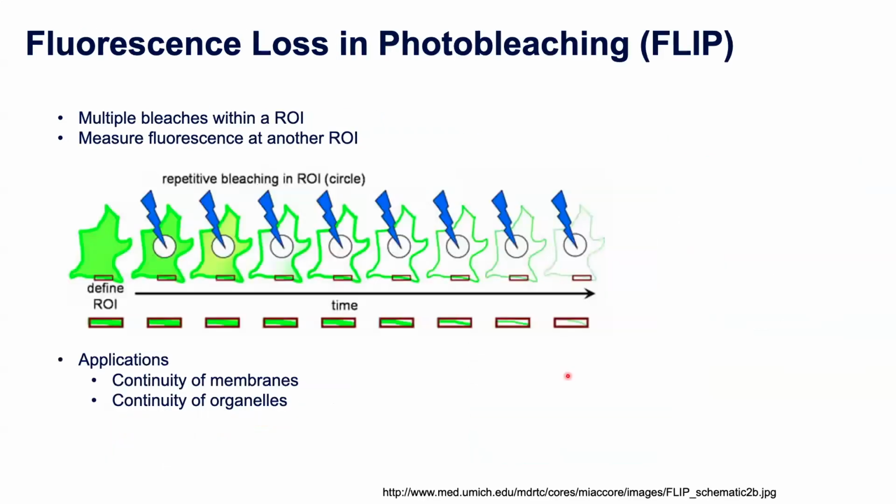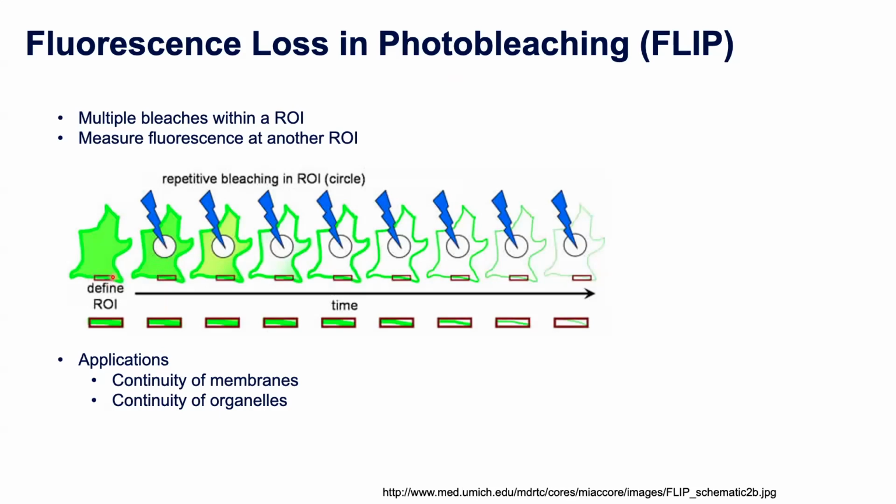A related method is FLIP, which is fluorescence loss in photobleaching. Again, we have a single region of interest here, but what we're actually doing is multiple bleaches within that region of interest over time. And what we're trying to look at is the continuity of the compartments, so from outside to inside the region of interest.